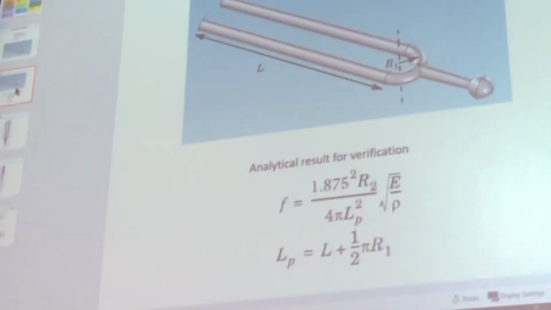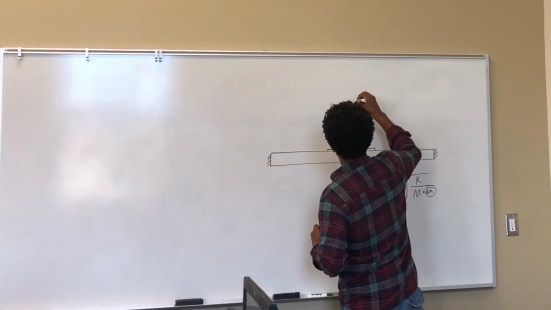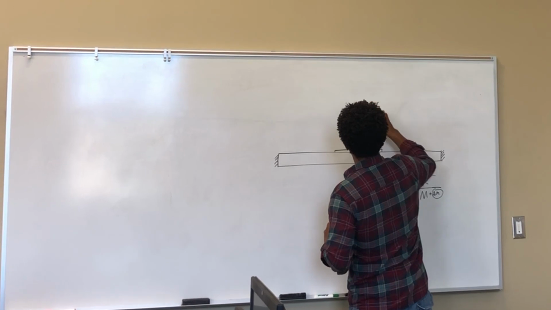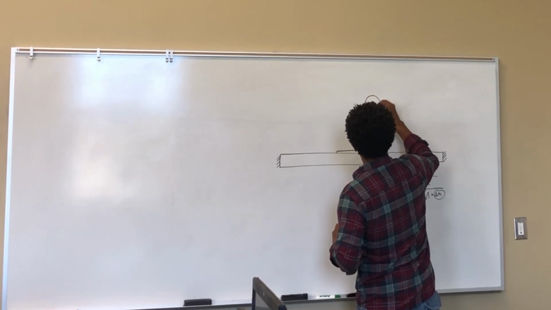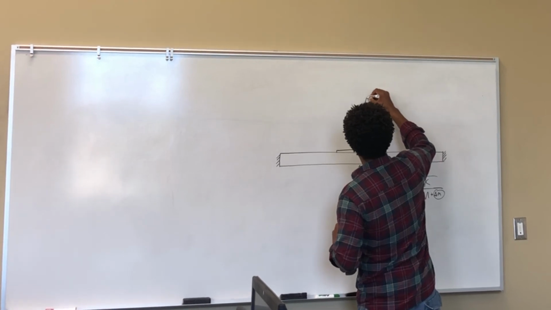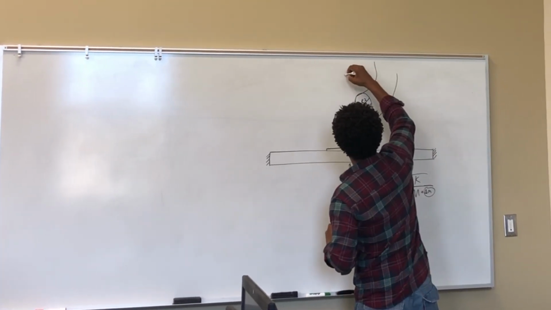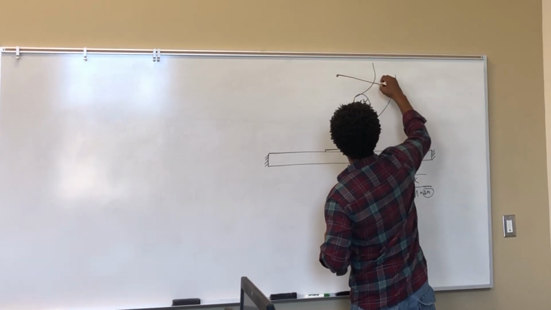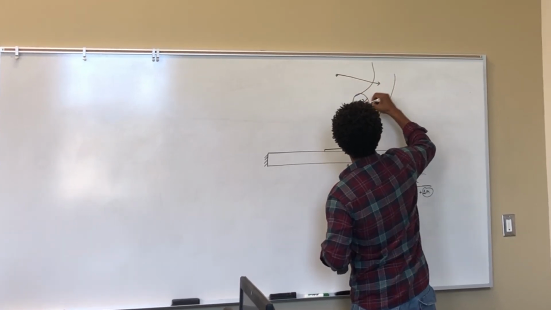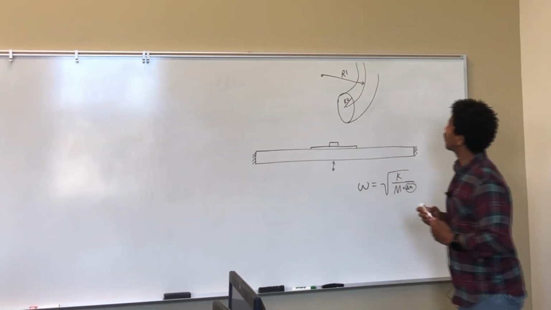And so when we model the torus, it's going to have a minor radius of R2, and then a larger radius, major radius of R1. Let's say here's the center right here. Like that.